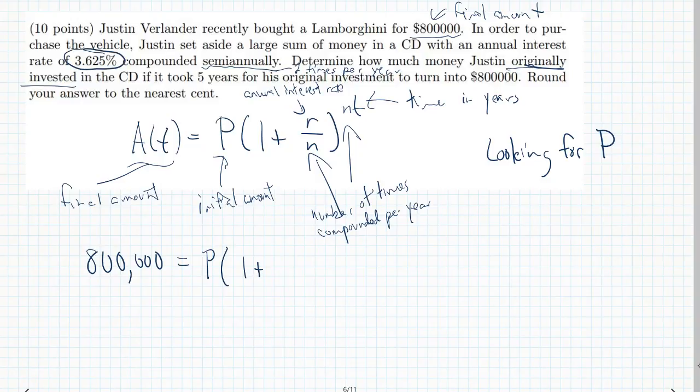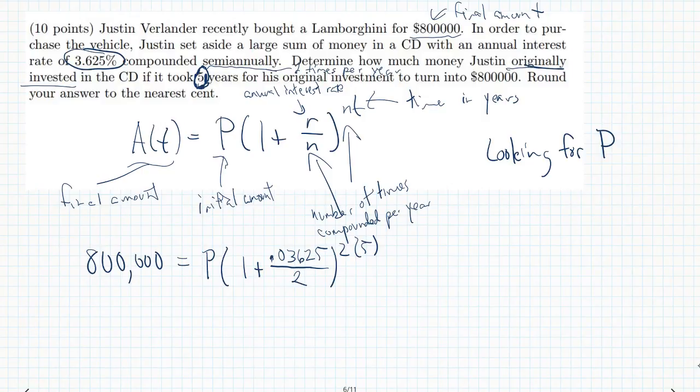So if you take 3.625 to turn it to a decimal, you get 0.03625. We divide that by N, the number of times compounded per year, so that means 2 times per year, so it's 2 down there. And now we need to find time. Well, notice if you look right up in our formula, we're looking for 5 years, so we'll put a 5 right there.